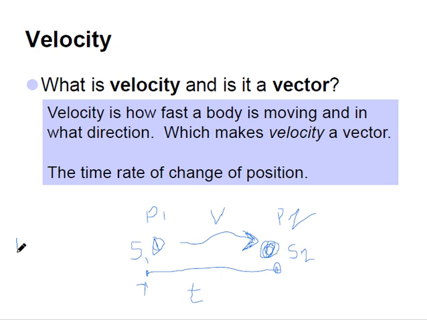Velocity is just the rate of change. This little d is a calculus symbol telling you the position has changed over time. This d is telling you change.